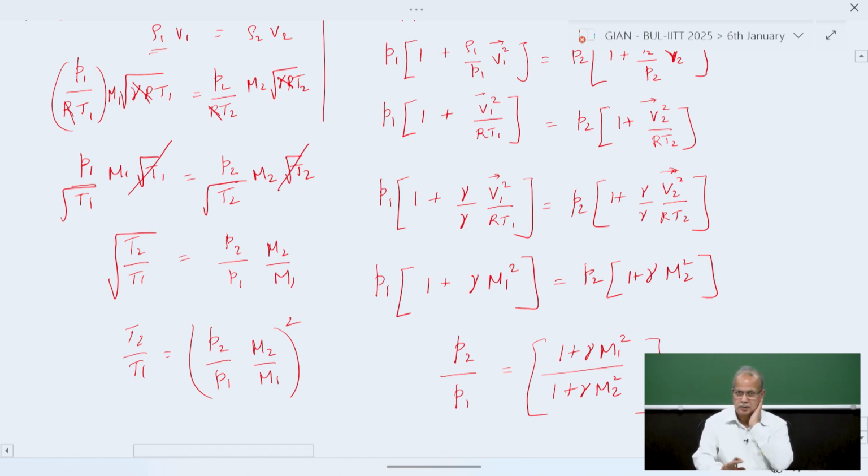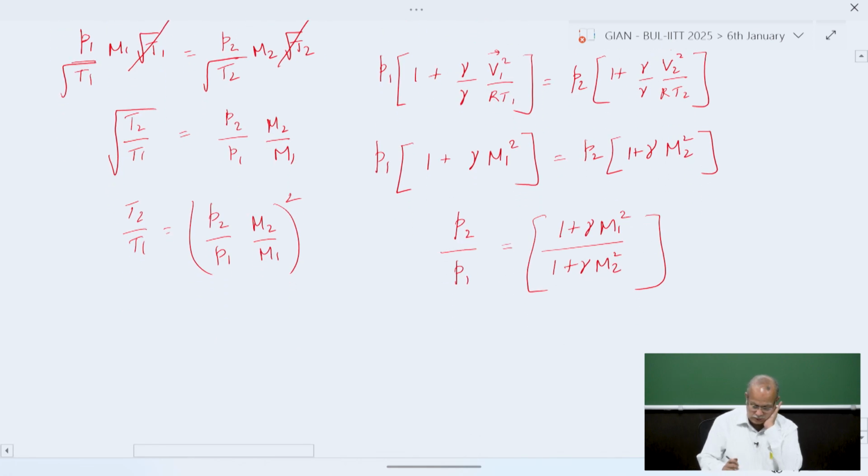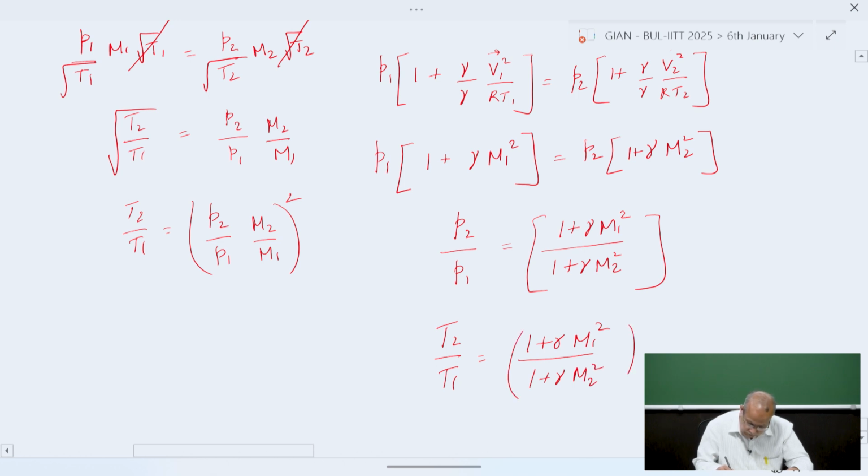Just simple substitution there. So we can write here T2 by T1 is equal to 1 plus gamma M1 square by 1 plus gamma M2 square whole square into M2 by M1 the whole square.